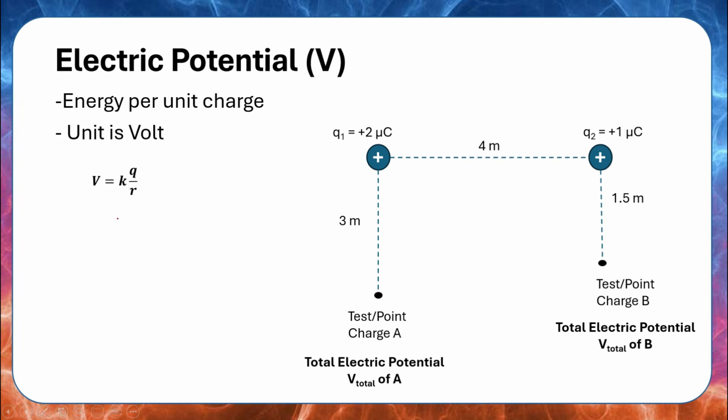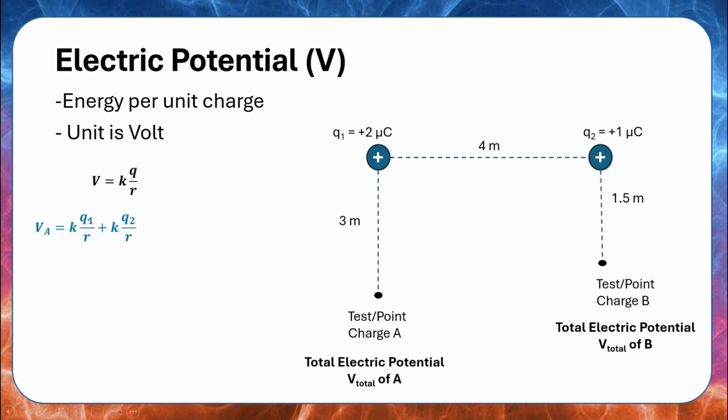Okay, so test charge A will now be experiencing two different electric potentials. The first electric potential it felt from Q1, and the second electric potential it felt from Q2. Of course, you need to solve that here.